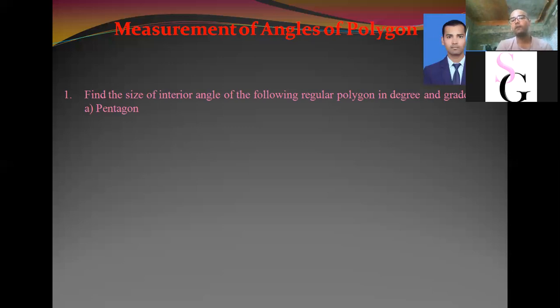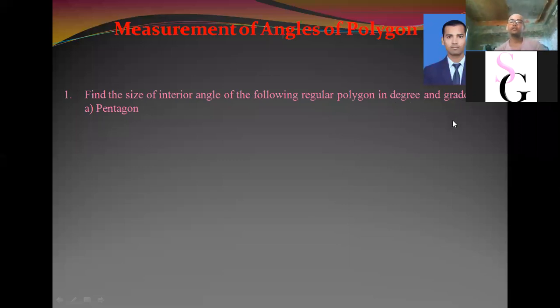If you have practiced the conversion of angles in your previous exercise, then I hope this exercise won't be hard for you. For the question we have here, a pentagon, we need to find the size of the interior angle of the pentagon, first in degree and then in grade.